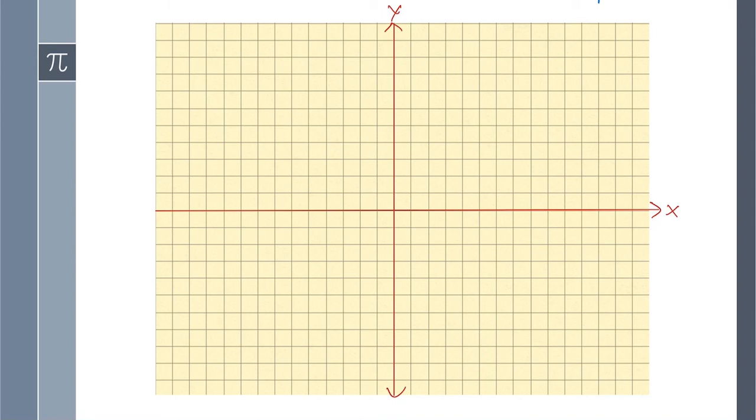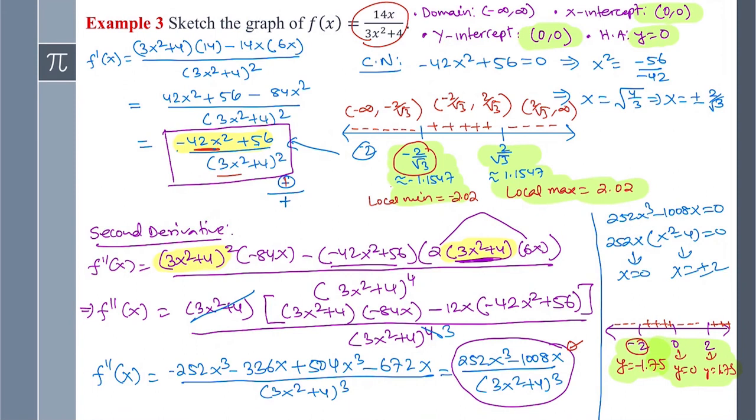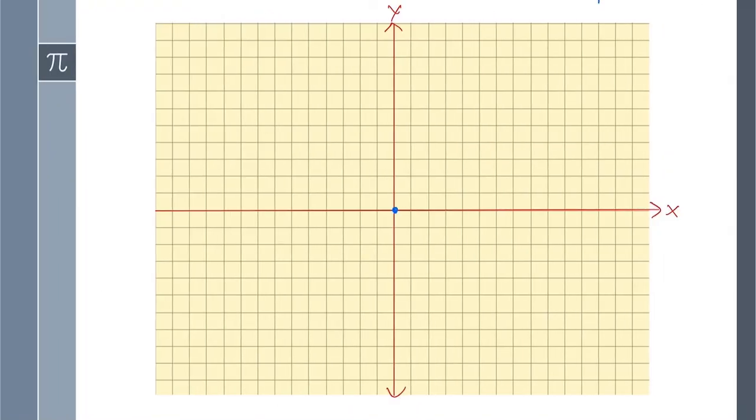So we have our x and y intercept at the origin, both right here. And then we have the maximum at 1.1547 and the value is 2.02, so almost at 2.02, somewhere here. Similarly, we have the minimum right here.